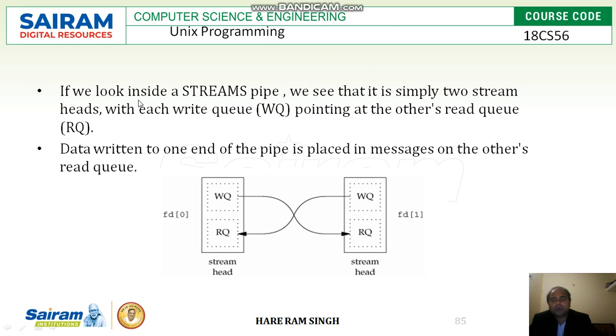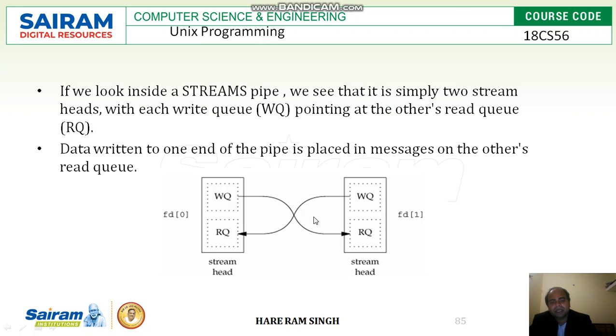Now, if we look inside a stream pipe, we see that it is simply two stream heads with each write queue pointing at the other's read queue. Suppose this is a stream head, and it has a write queue and a read queue, and the other also has a write queue and a read queue. So this is for FD0 and FD1.